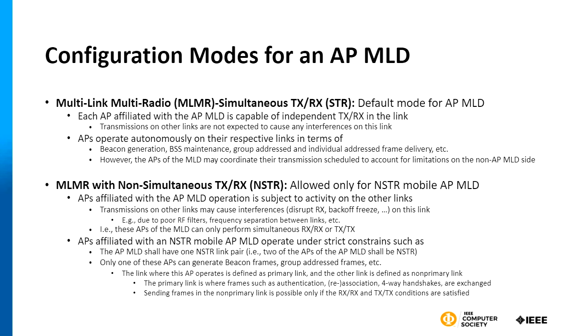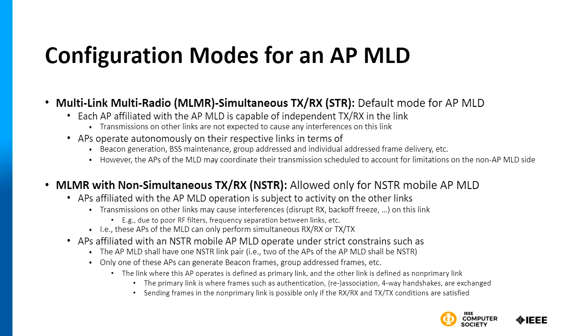We do have a mode which is, if you will, a little bit simpler from an AP perspective, which is multi-link, multi-radio with non-simultaneous transmit receive. This was intended to address the case of a mobile AP. And this has limitations in terms of not being able to transmit and receive at the same time due to internal constraints.